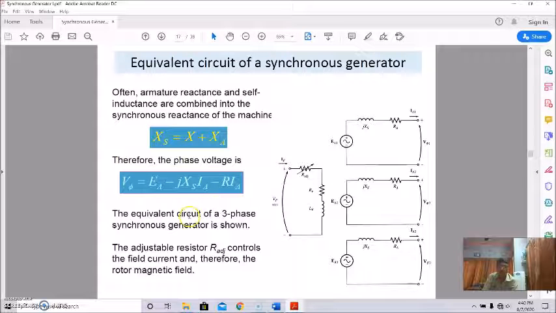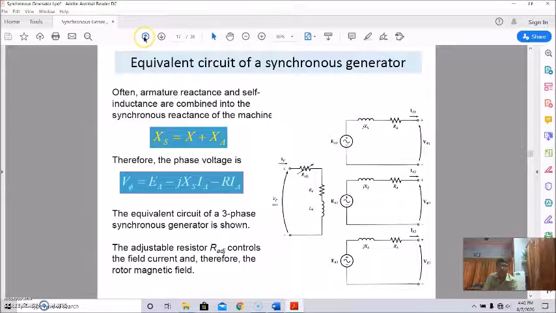The equivalent circuit of a three-phase synchronous generator is shown here. The adjustable resistor R adjust controls the field current and therefore the rotor magnetic field.